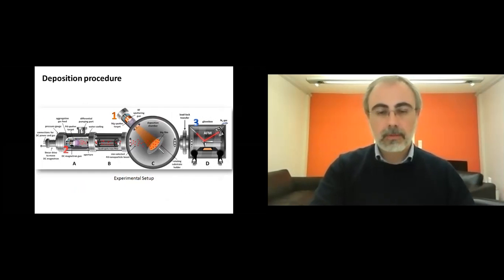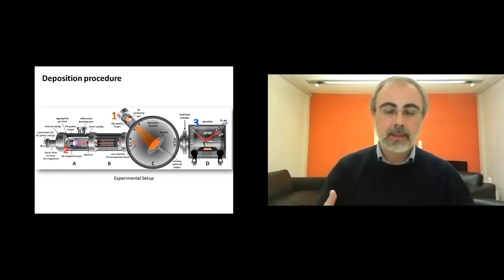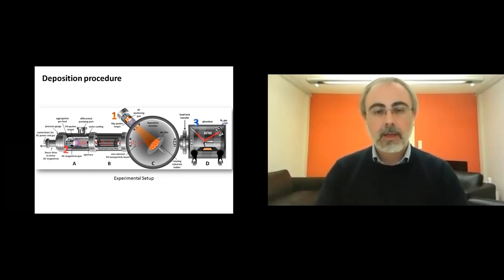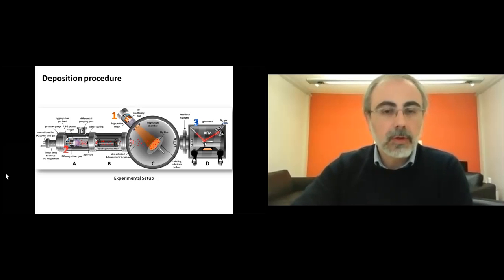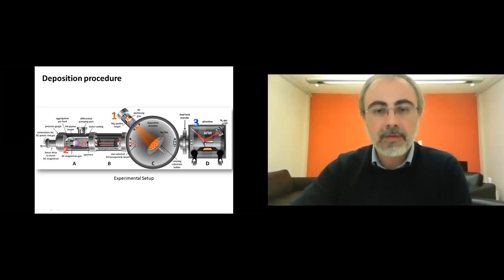So we also worked in this field, and we used the advantage of the flexibility of our system. So the experimental procedure goes like this. First, we use an RF sputtering gun to grow a thin film of magnesium on our target. So this is grown directly in the main deposition chamber.